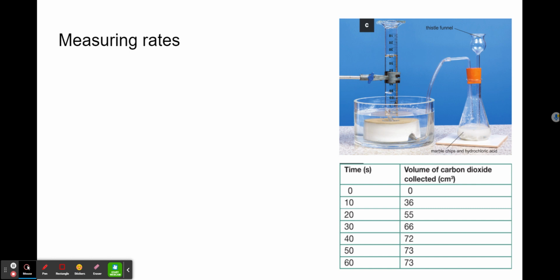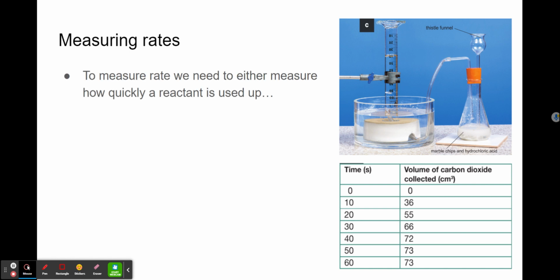In terms of how we measure a rate of reaction, we can do an experiment like the one we've got a picture of here. This one is marble chips with hydrochloric acid, and when they react together, they produce carbon dioxide. What's happening in the picture is that the volume of the carbon dioxide is being measured in a measuring cylinder.